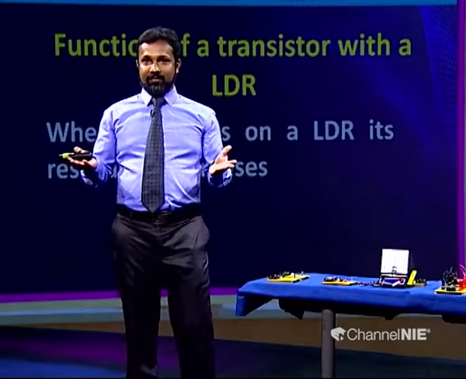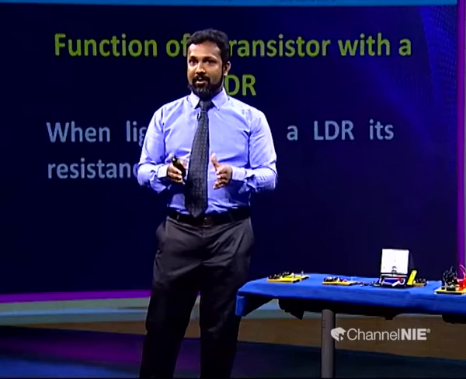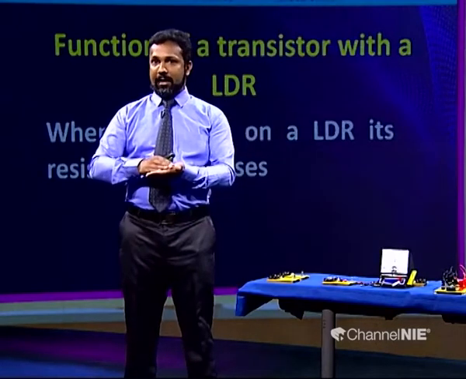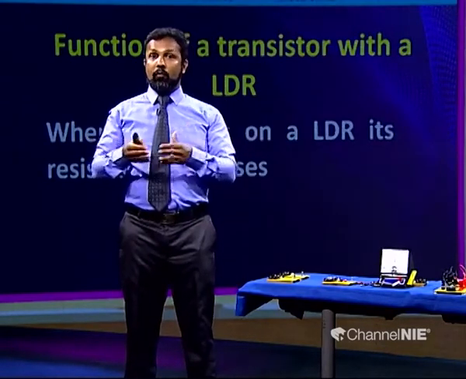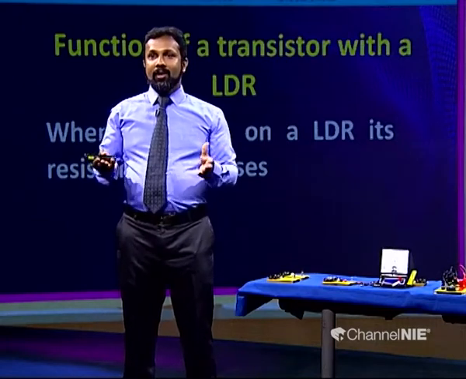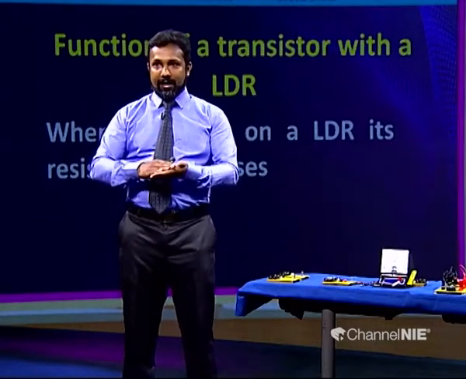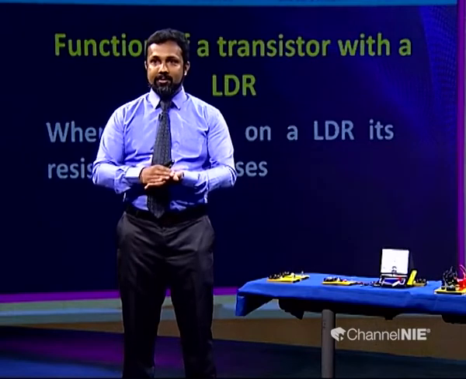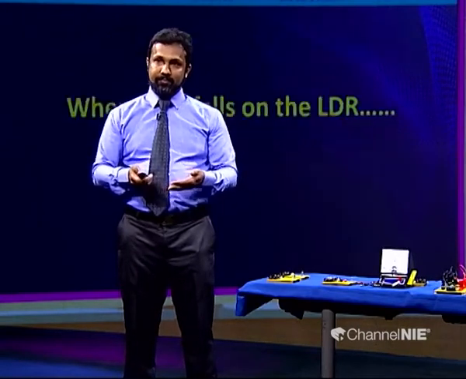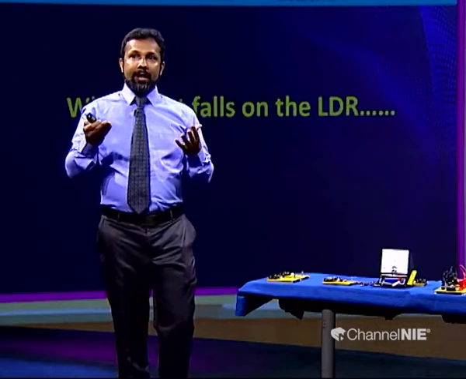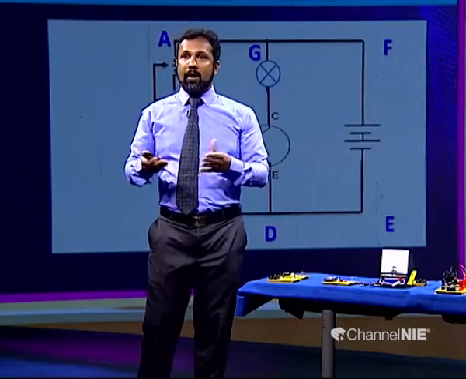What does that mean? In an LDR, when light falls on the LDR, its resistance varies. When light falls on the LDR, its resistance decreases. When light falls on the LDR, what happens?